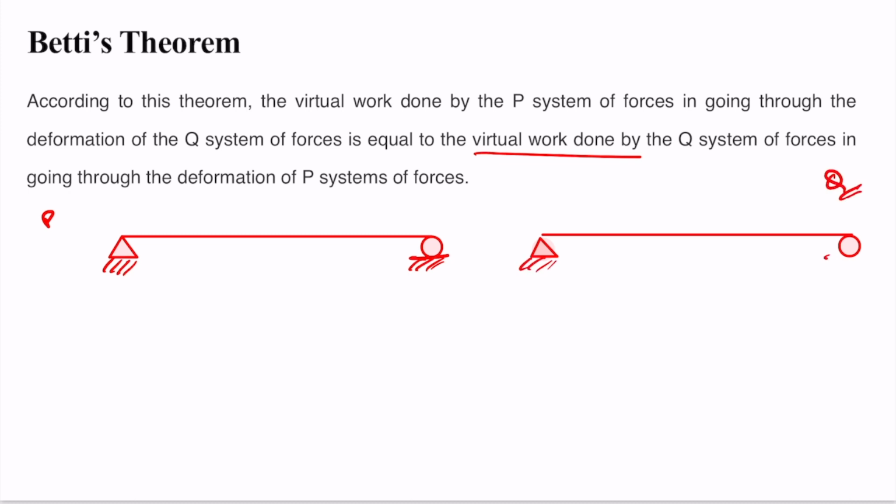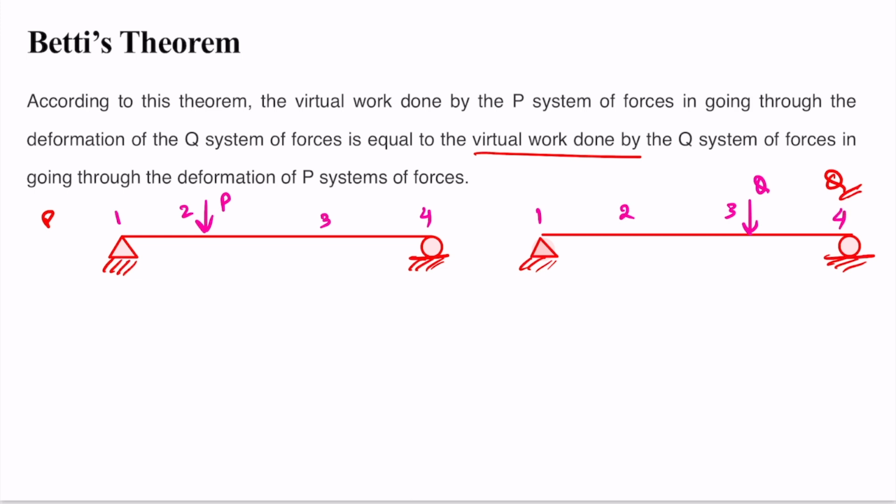For the first system I have applied this load P here, and I could apply P1, P2, but for simplicity let's call it P only. In the second system I'll apply a load Q here. Let's call these positions 1, 2, 3 and 4.